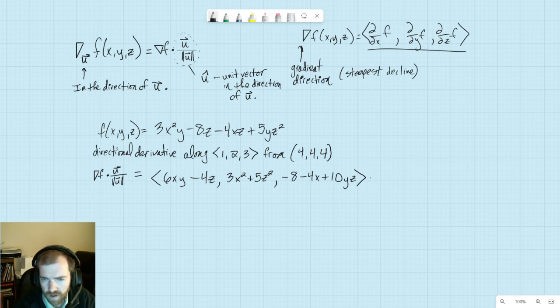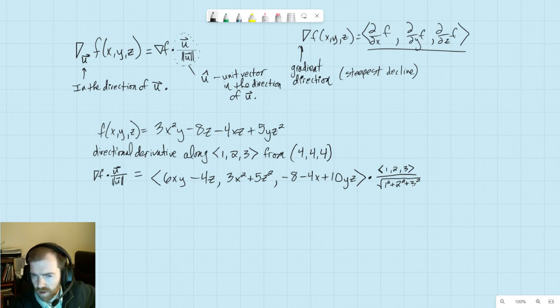Okay, dotted with the vector 1, 2, 3 divided by the norm, which is going to be the square root of 1 squared plus 2 squared plus 3 squared. Okay, 9 and 4 is 13, plus 1 is 14.